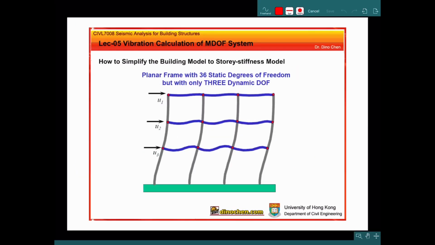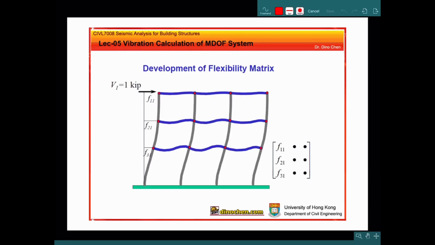Next page. Actually, we need to apply some lateral force to this system. At the first step, we apply the unit load, or a certain loading, at the top floor. This coordinate we call node number 1, or DOF number 1. This is second, this is third.